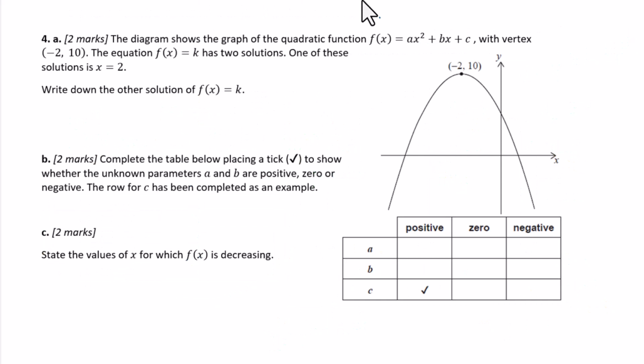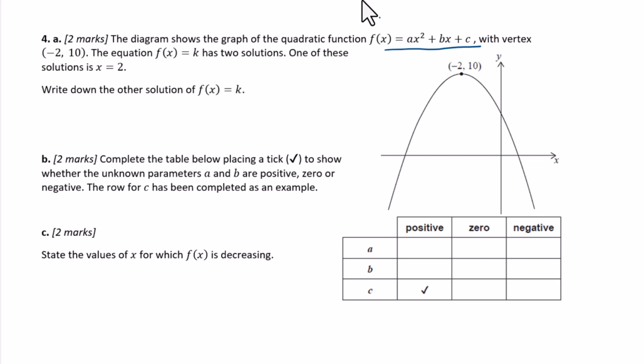Question 4. The diagram shows the graph of the quadratic function f of x equals ax squared plus bx plus c with the vertex (negative 2, 10). The equation f of x equals k has two solutions. One of these solutions is x equals 2.